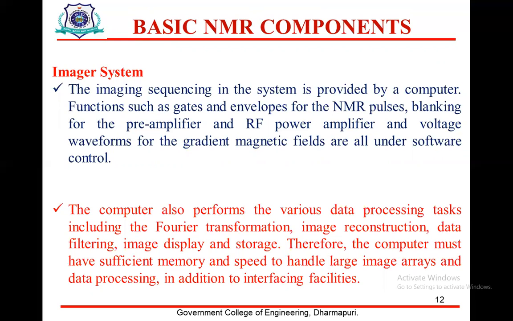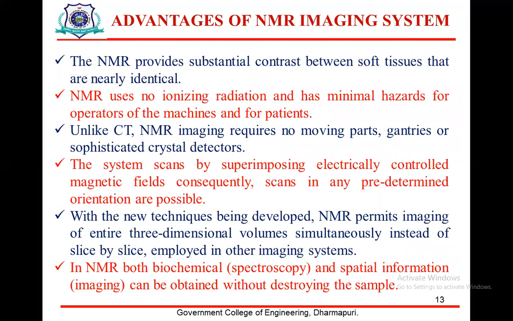The computer also performs various data processing tasks, including Fourier transformation, image reconstruction, data filtering, image display, and storage. Therefore, the computer must have sufficient memory and speed to handle large image arrays and data processing in addition to interfacing facilities. What are the advantages of the NMR imaging system?